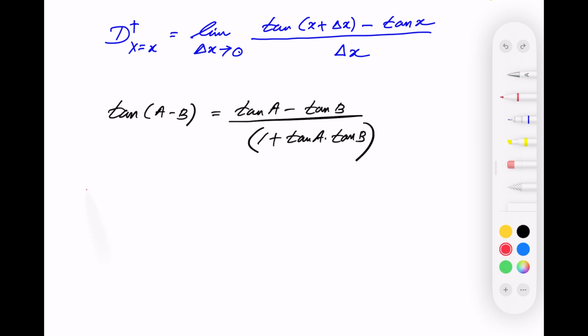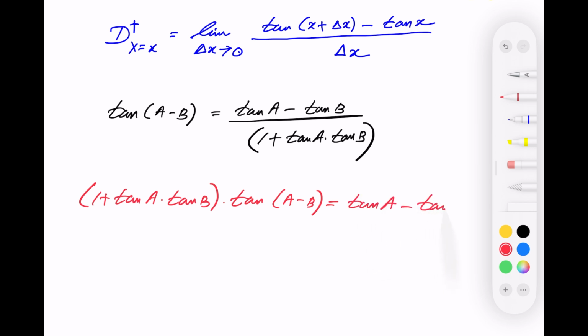Then it becomes 1 plus tangent a times tangent b, times tangent a minus b, is equal to tangent a minus tangent b.